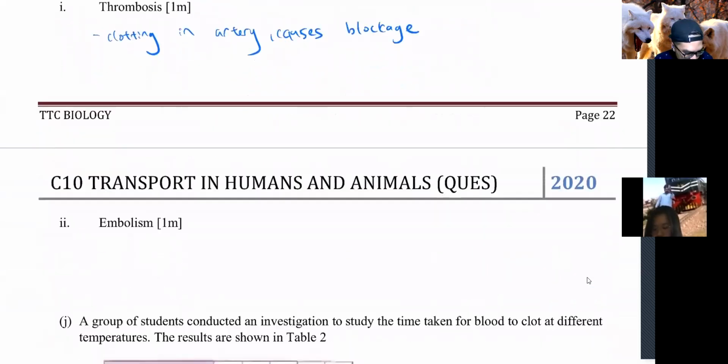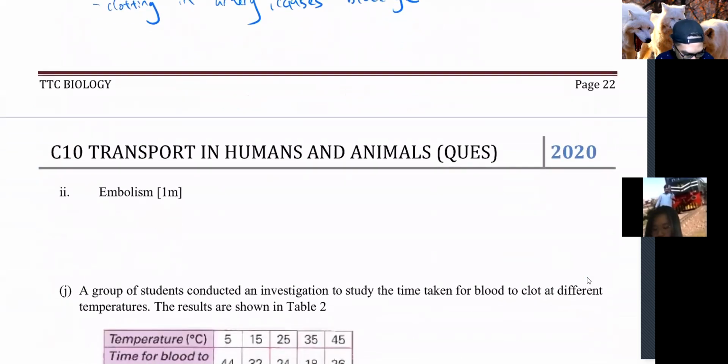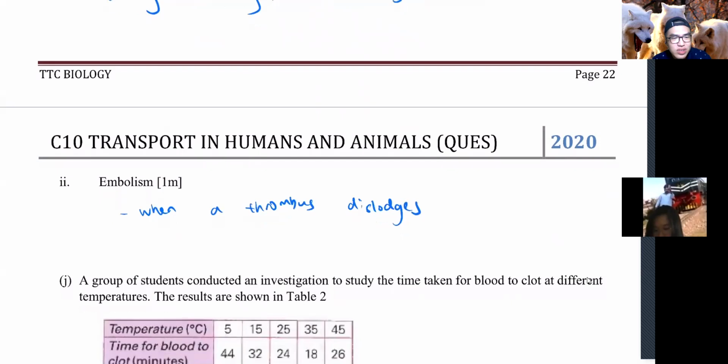So what is embolism? When a thrombus dislodges, meaning it comes off the bigger piece, it may block some other blood vessels. But this is one point, let's not give it too long.